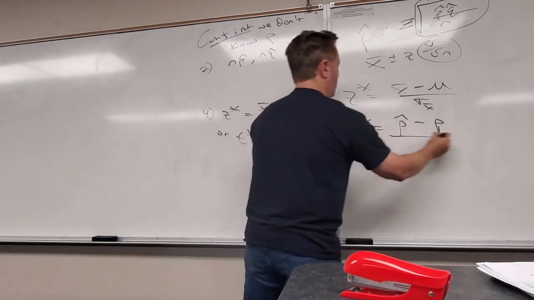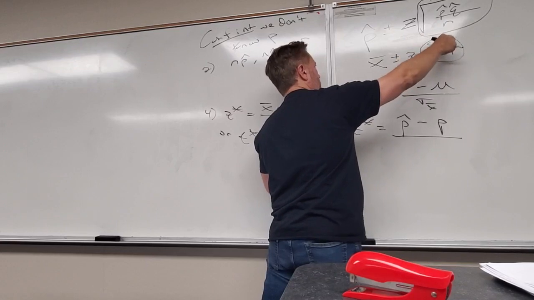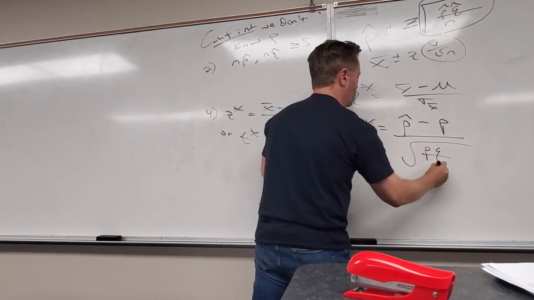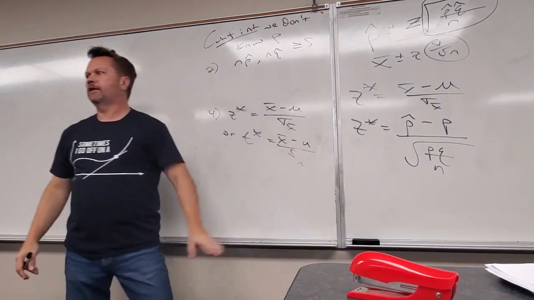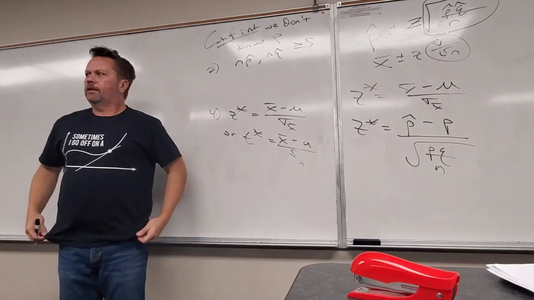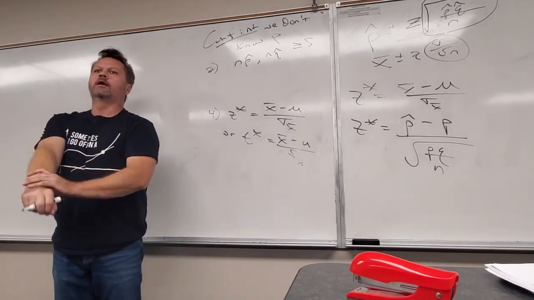And what did we just say that was? This thing. And here's the difference. In this case, we're going to know what p is, so we don't have to use any hatted ones. All right, so let's do this.